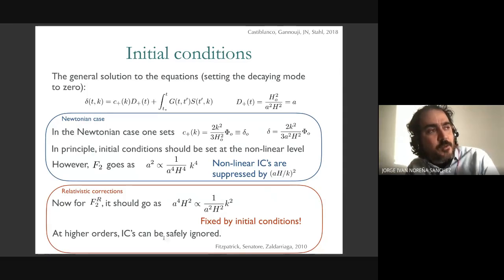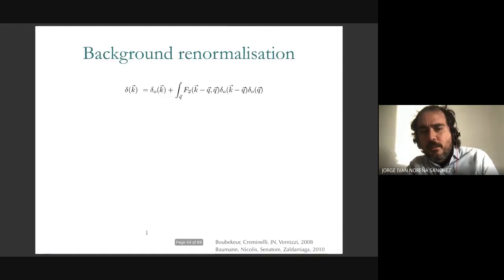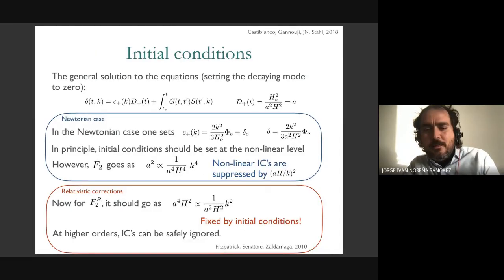If you're in full GR, your F3 would also have an important contribution from your initial conditions, so then you would have to compute your initial conditions at the order at which you do your perturbation theory. And your initial conditions can, for example, come from the nonlinear evolution of the fluid, etc., that you can compute in codes, and of course, some of the first groups that highlighted this was this group here.